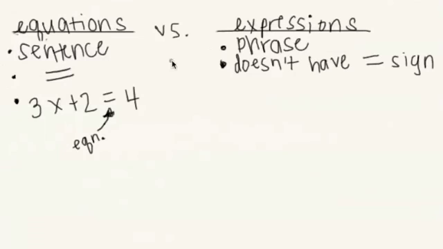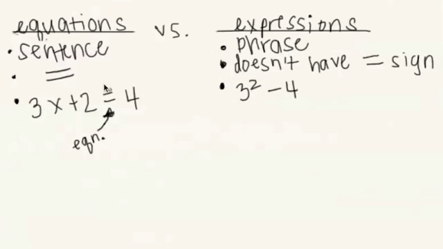An example of a phrase is the stuff we looked at yesterday when we were learning about the order of operations, where we had things that look like this. No equal sign there.